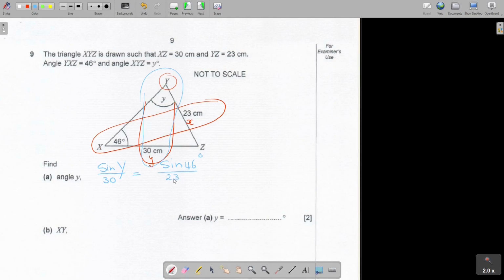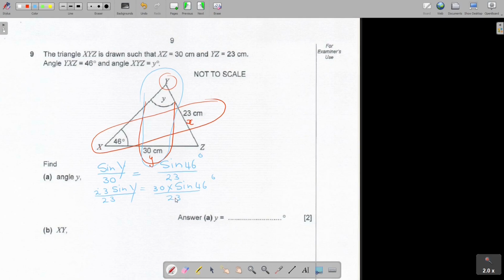And then, okay, we cross multiply. So if I take this one times this, it's 23 sin y, and that's 30 times sin 46 degrees. Then I divide by 23 and I divide by 23. Now make sure your calculator is on degrees.